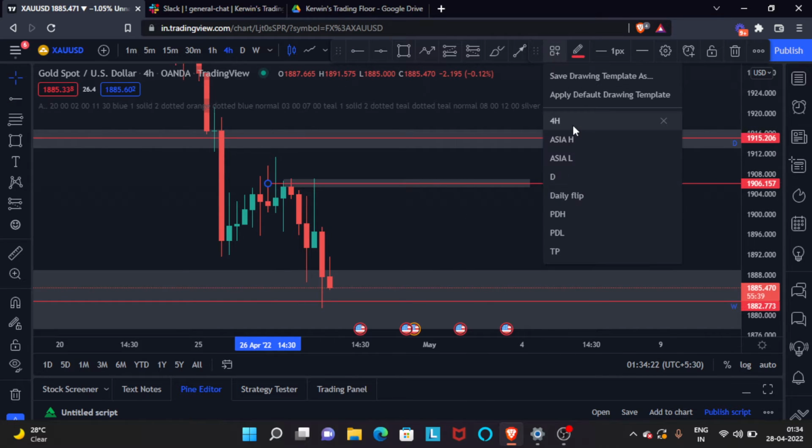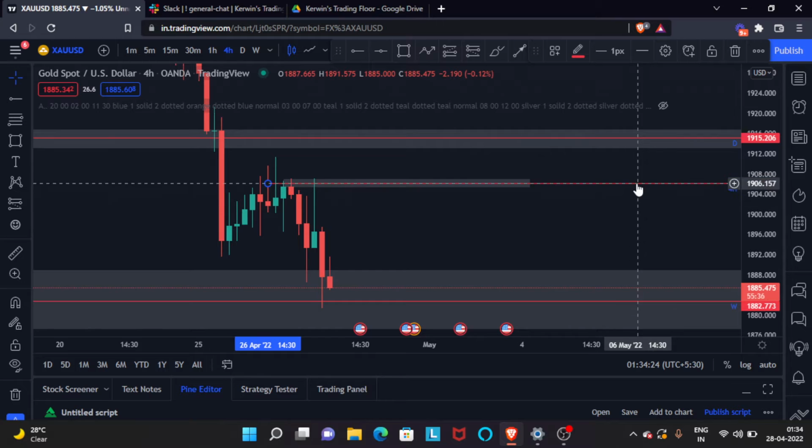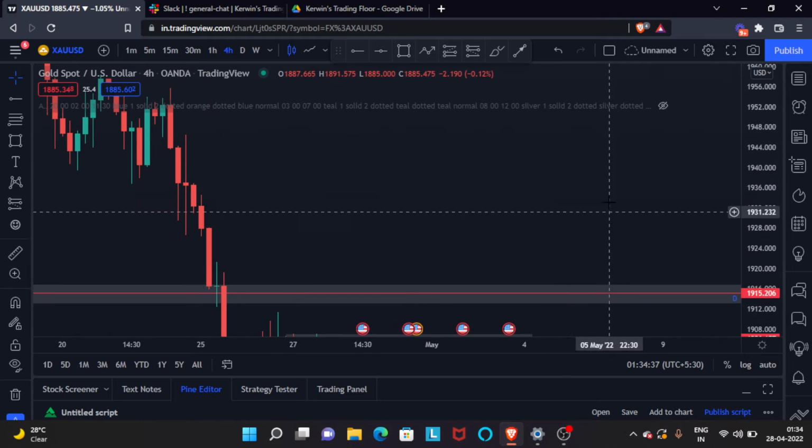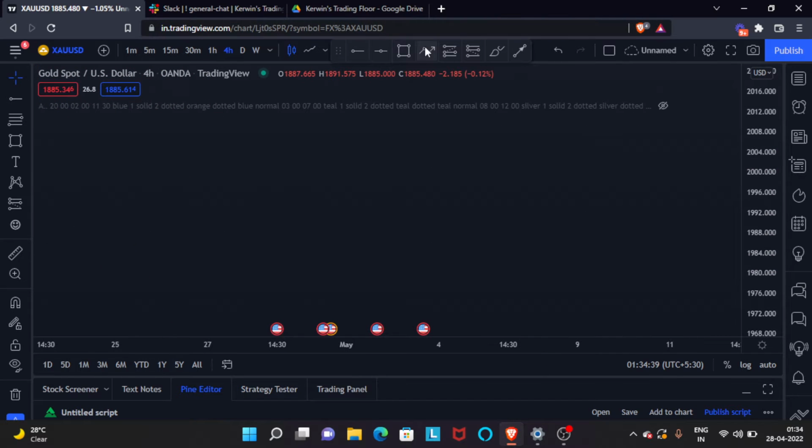If you don't know what a significant lower high is, I'll tell you. Let me explain a little bit about how I see that, right?